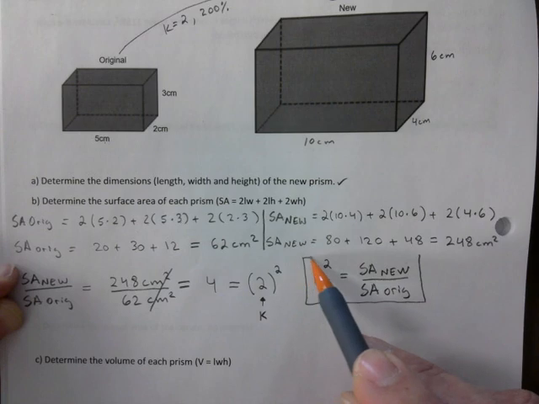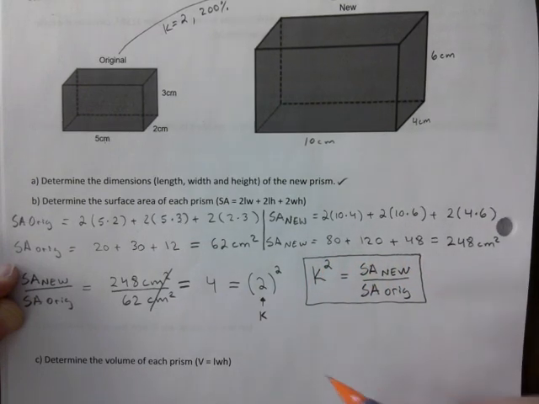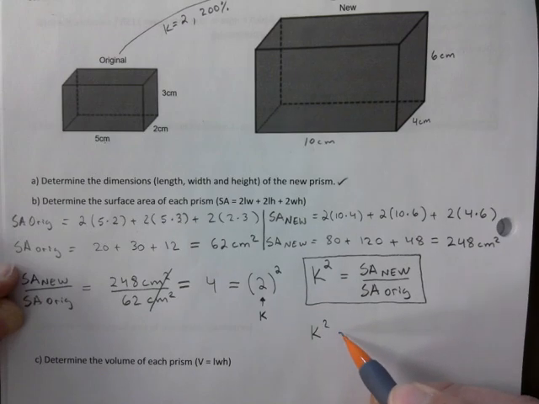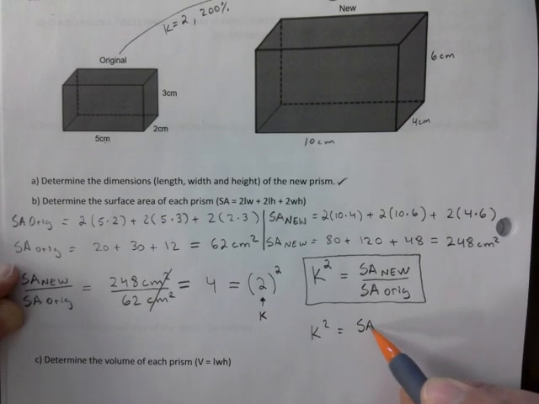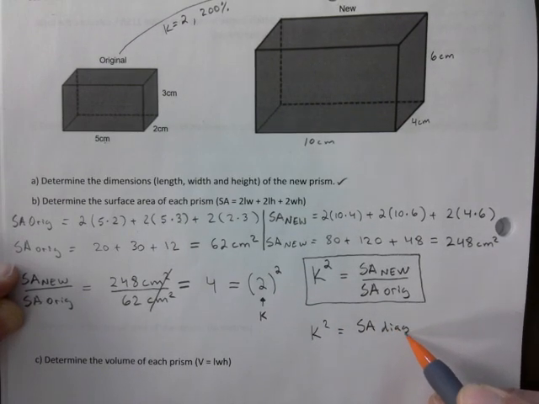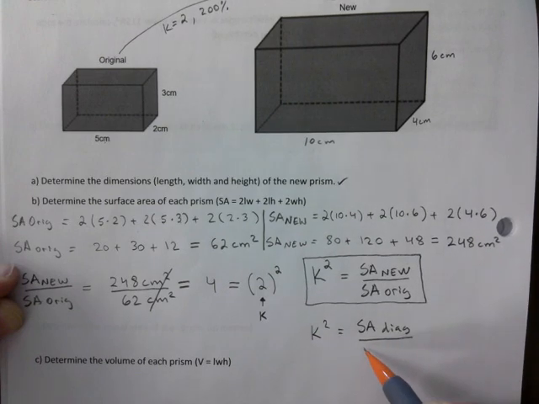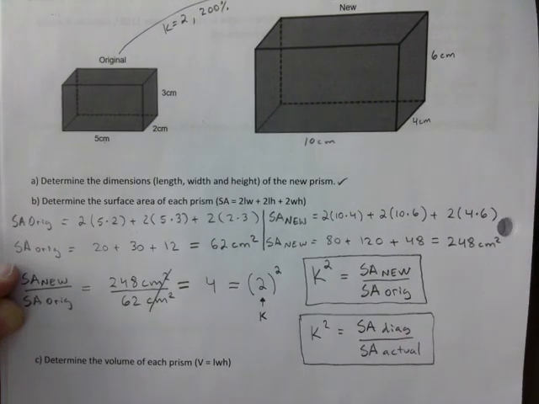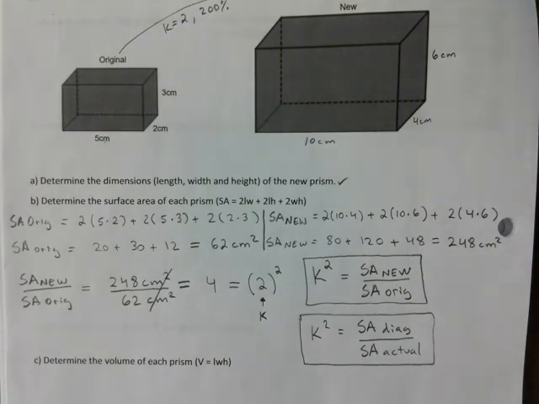But we can't forget about diagram and actual. So I'll just rewrite this in terms of surface area of the diagram over surface area of actual. You should have these on your study sheet. Everything else I did was just to demonstrate that fact.